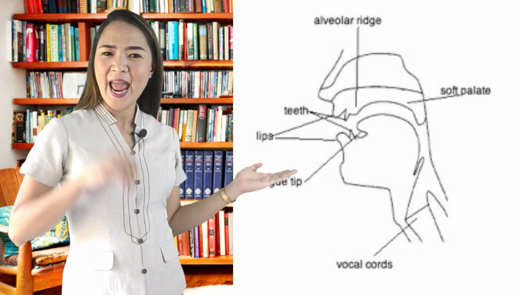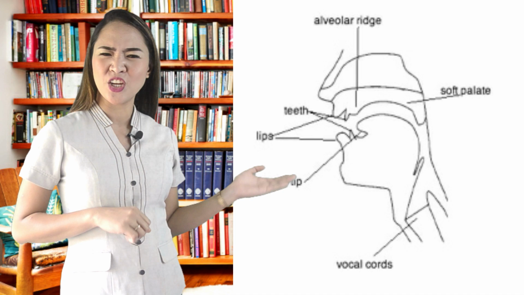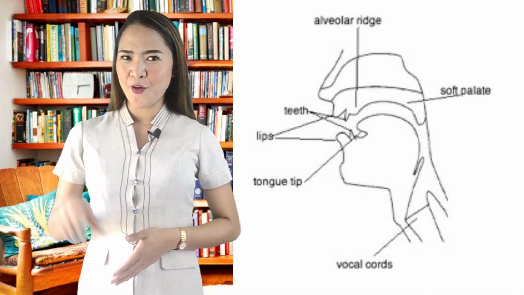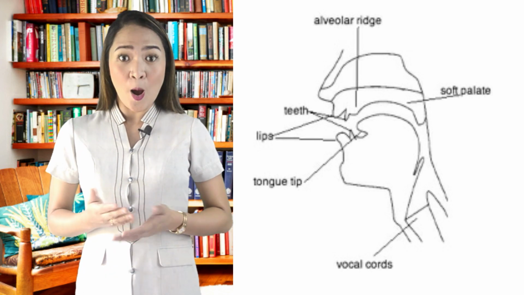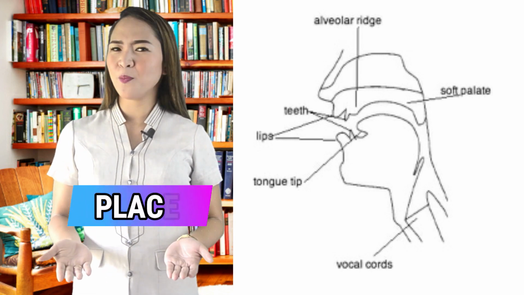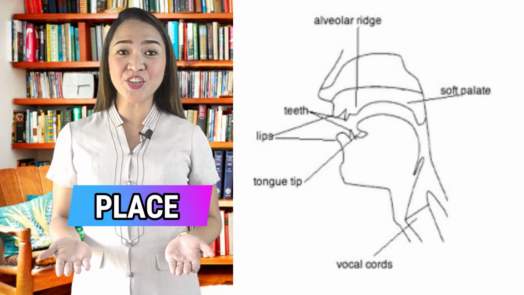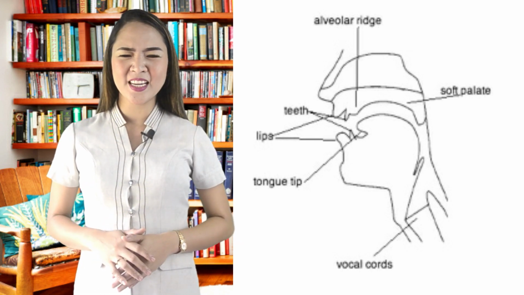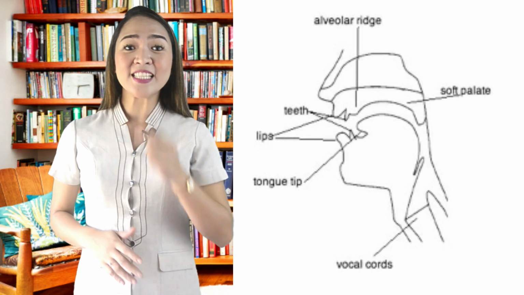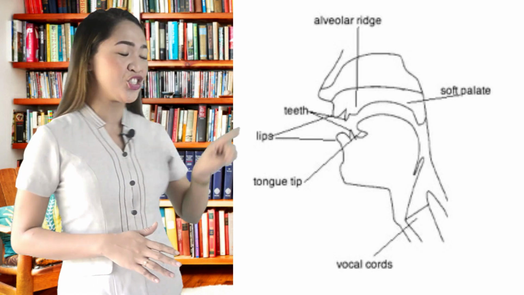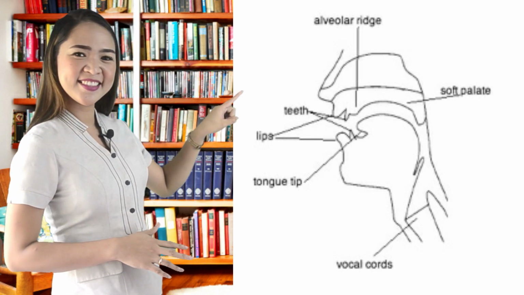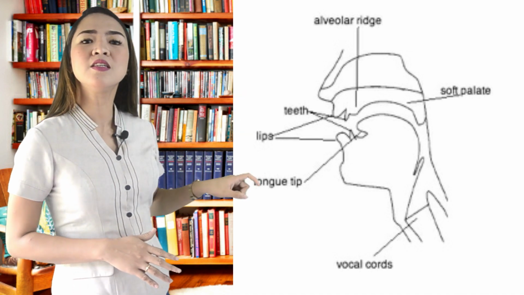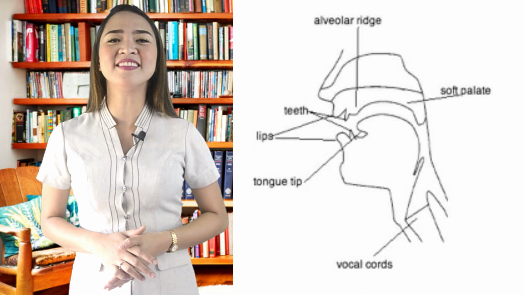There are three aspects of articulation used to categorize all of the sounds made. One is place. Place is where the articulation takes place. For example, the tongue touches the alveolar ridge to produce the t, d, and n.